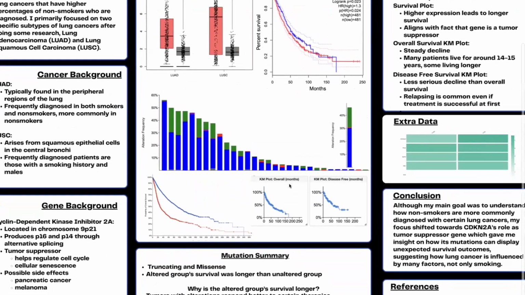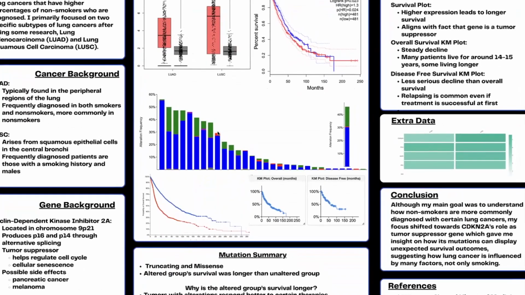And then going into the mutations that develop for the different lung cancers. These are the graphs for multiple different types of the cancers. For the higher expression, the alterations that happened were 55%.